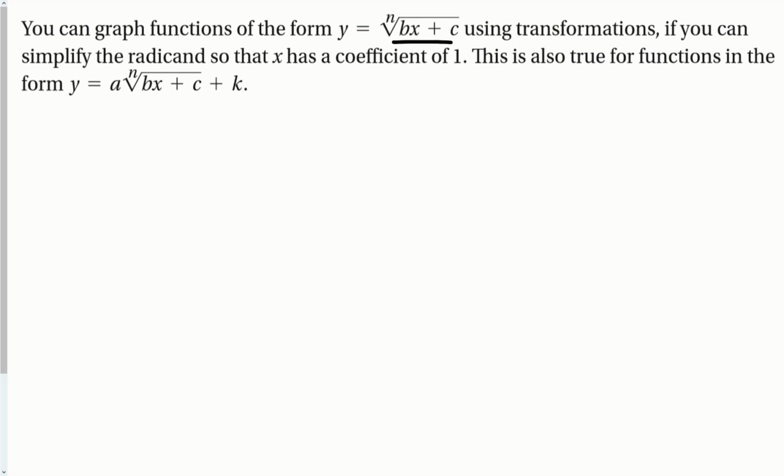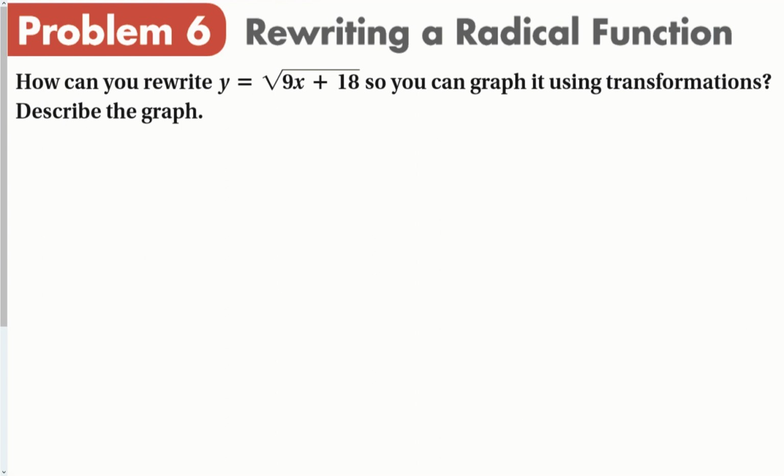If you want to do that, you have to get the radicand to have a coefficient of 1. Okay. So if you can make the radicand have a coefficient of 1, then it's going to be much easier to look for the transformations. So if we're looking at a function like this, here's what we want to do. We want to make this have a coefficient of 1 in front of it.